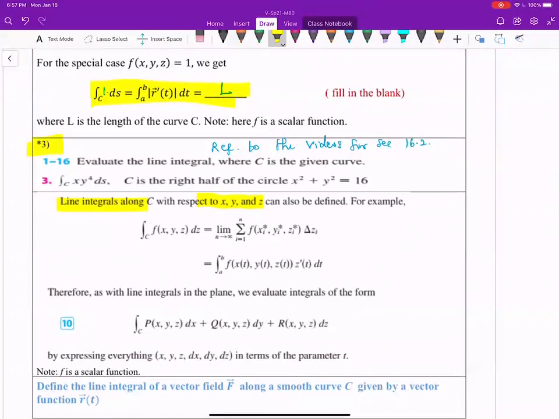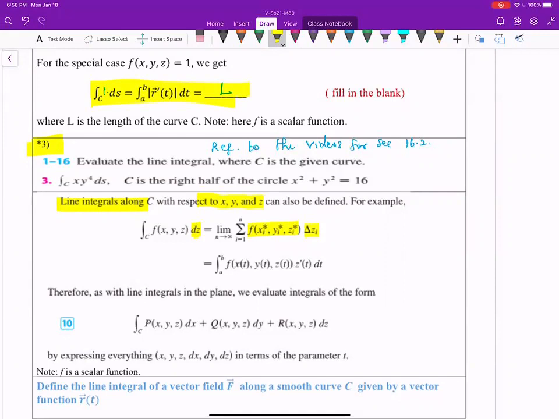For example, the integral over C of f of x, y, z, dz. Earlier we had ds, where s was the arc length. Here, dz is the limit as n approaches infinity of the sum of f of xi star, yi star, zi star times delta zi, in terms of a Riemann sum.